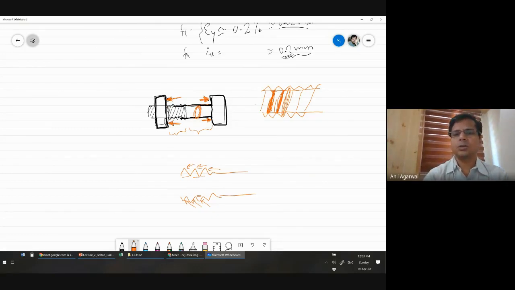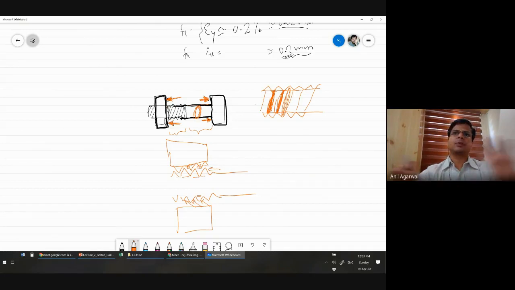Let's say you have some 7-8 threads, or the nut is 7-8 threads wide. So this is your nut, which has some 7 threads or something. Let's say you tighten only 1 or 2 threads, and then you apply the entire force. You will see that before anything else happens, the threads will fail, and the nut is not usable. The bolt is also not usable because your threads have died. They have completely become flattened.